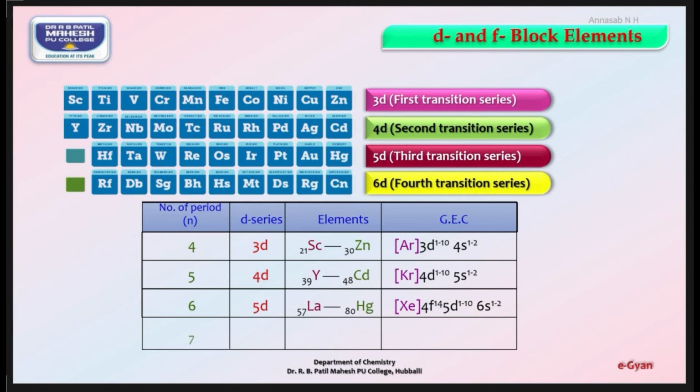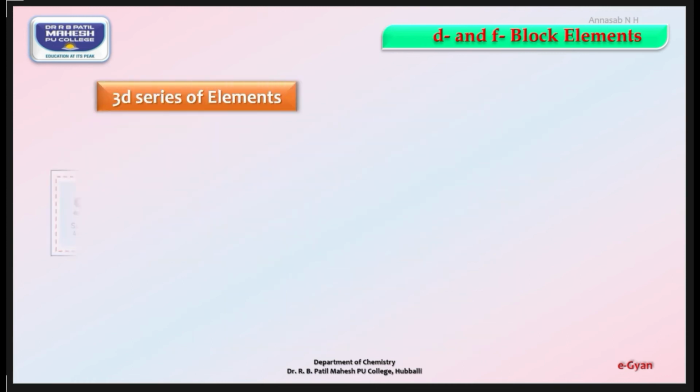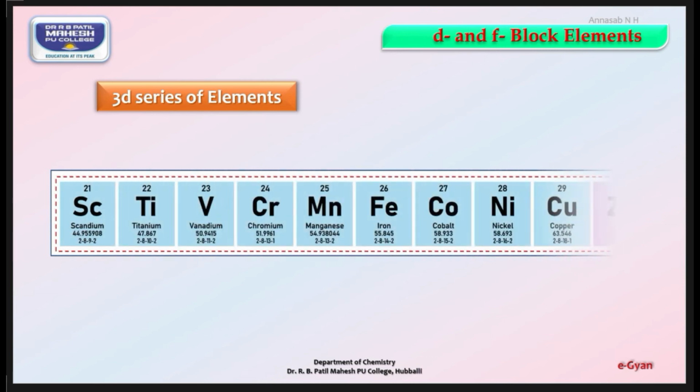Moving further, the last series of the d block, 6d, where the n value is 7, elements from atomic number 89 to 112, general electronic configuration radon 5f14, 6d1 to 10, 7s1 to 2. So the 3d series we have here is scandium, titanium, vanadium, chromium, manganese, iron, cobalt, nickel, copper, zinc, from atomic number 21 to 30.